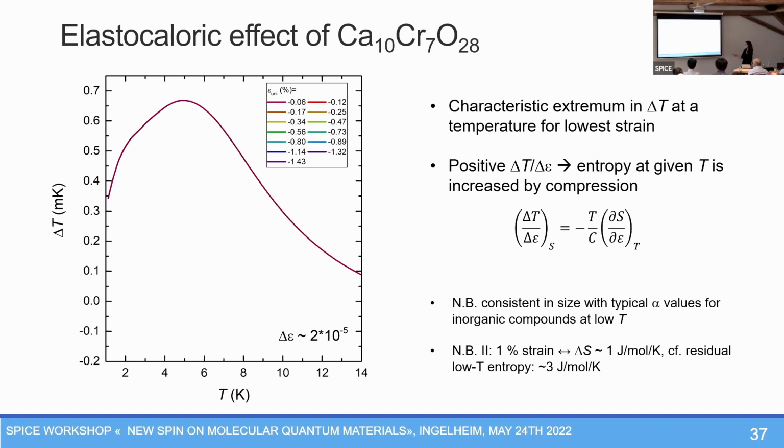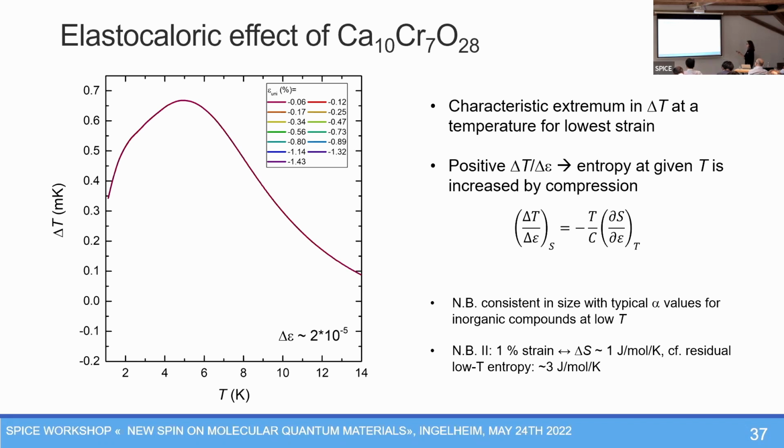Now the sign here already tells us something: the sign is positive. This implies that the entropy at a given temperature is increased by compression, if you just look at this definition here. And just as two little side remarks: the first one is, if you look at the size of the signal, we can compare that.